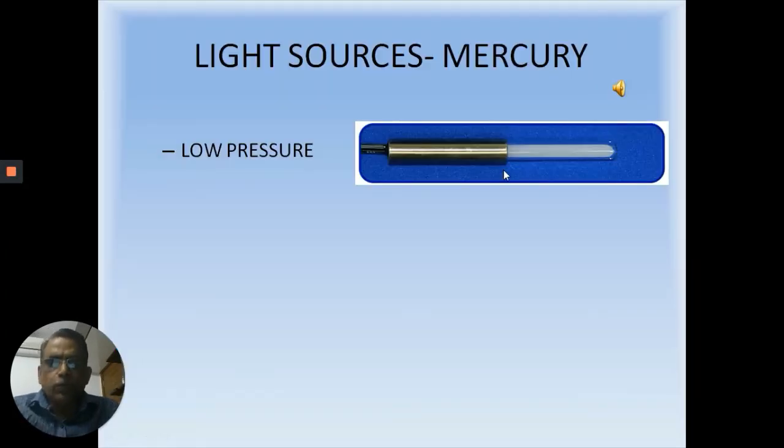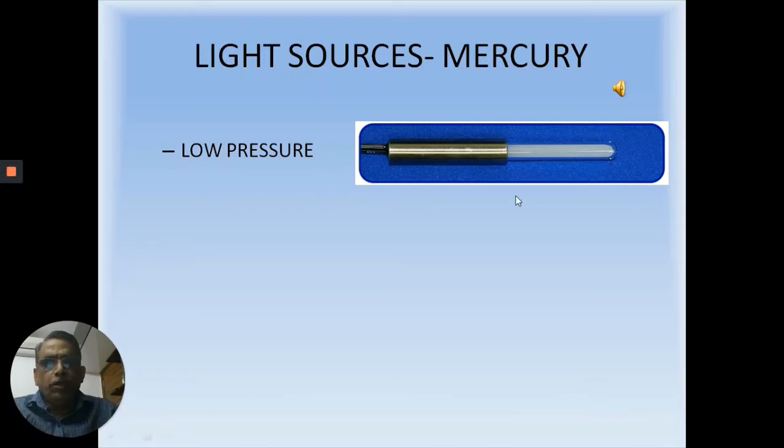Now let us focus on the mercury light sources. They include the low pressure mercury lamp, also called a pen ray lamp or pencil lamp, which selectively gives 254 nanometer, and it also gives visible light, which is very low in intensity compared to the 254 nanometer.